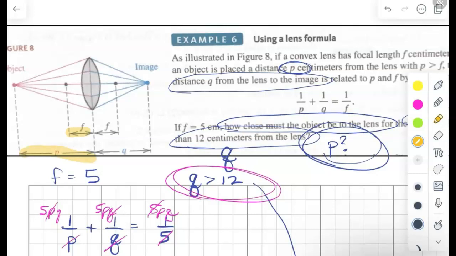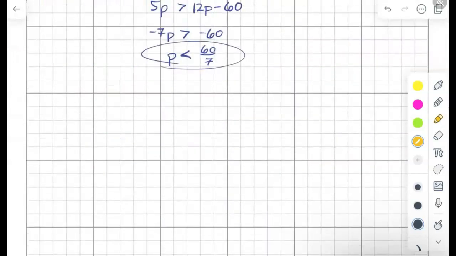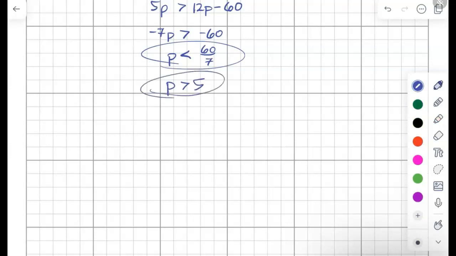So p has to be greater than f, and they said f is 5. So we also know that p is greater than 5. So we know it's less than 60/7, but we also know p is greater than 5. Those two things combined would be 5 with an open endpoint, 60/7, open endpoint. So p has to fall between these values.